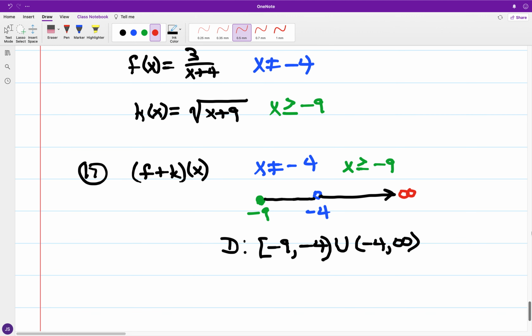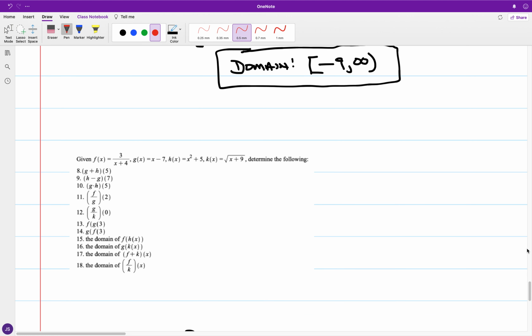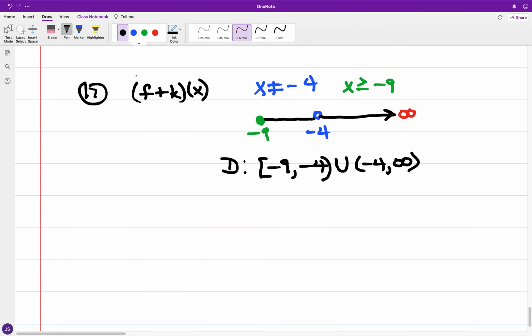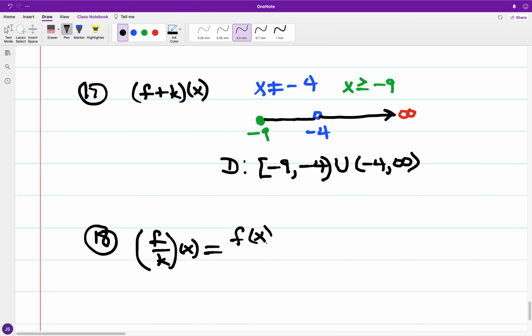And so for the next item, we have f over k of x. So for f of x over k of x, I have 3 over x plus 4.